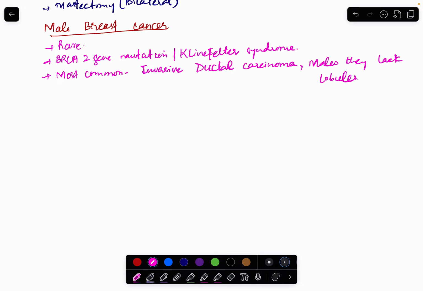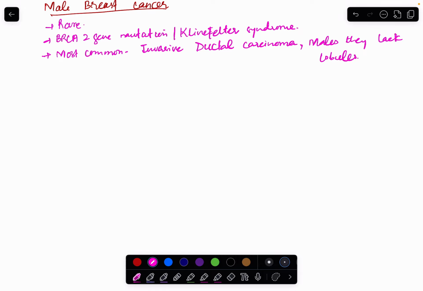So you're not going to see invasive lobular carcinoma in males, right? In which region of the breast are you going to see breast cancer in males? Beneath the nipple, because that is where the breast density is more. Whereas in females, you're going to see breast density more in the upper outer quadrant.